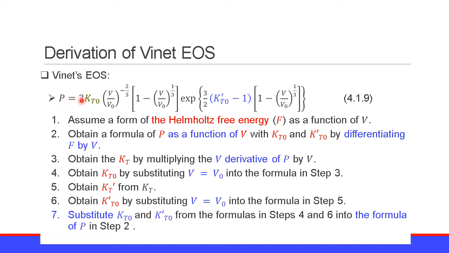Pressure is equal to 3 times the isothermal bulk modulus at 0 pressure, KT0, times V over V0 to the power of minus 2 over 3, times 1 minus V over V0 to the power of 1 over 3, times the exponential function of 3 over 2 times (KT0 prime, the pressure derivative of the isothermal bulk modulus at ambient pressure, minus 1) times (1 minus V over V0 to the power of 1 over 3).